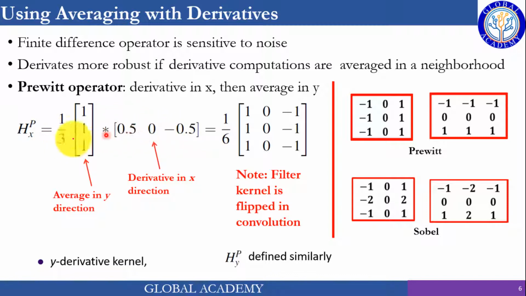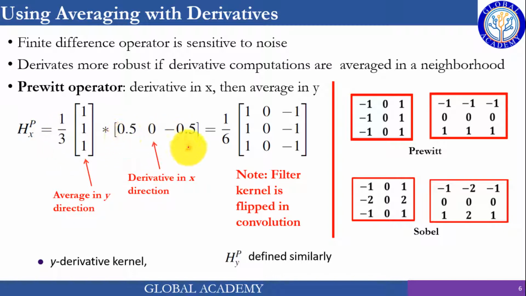By convolving these two masks we will get this one. It's like this mask is placed at the first row, then second row, then third row. So it's like 1/2, 0, minus 1/2, and it's 1/3. Taking 1/2 as common from this mask, we will get 1/6 over here.